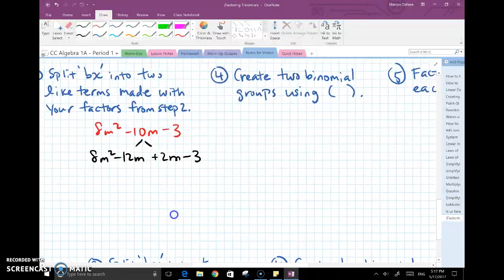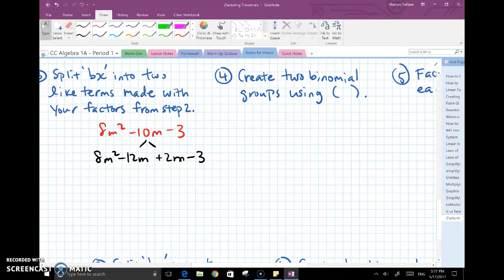and we move on to step 4, which is to create two groups. Now, the two groups I make have to include an even number of terms in each one. So I will simply put parentheses around each of these two terms, and what I get is the following. I get parentheses 8m squared minus 12m plus parentheses 2m minus 3.